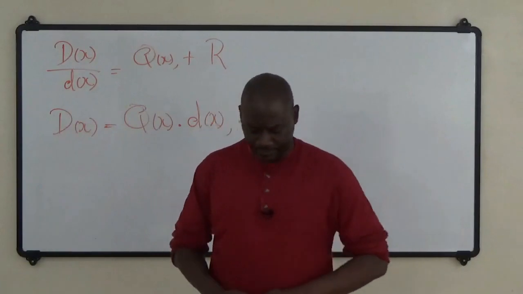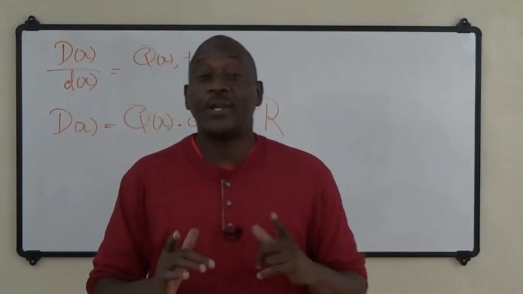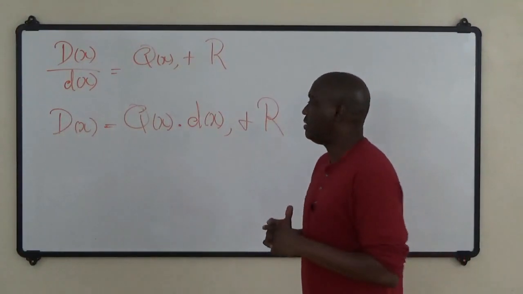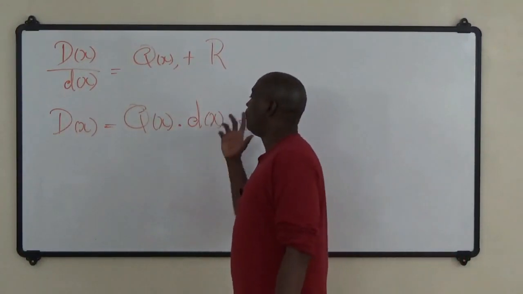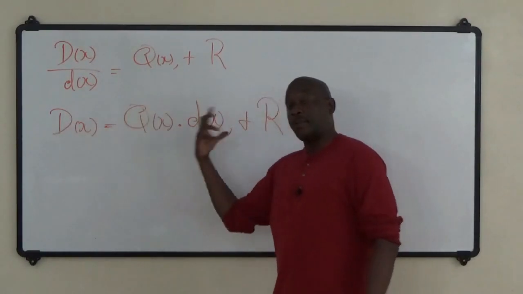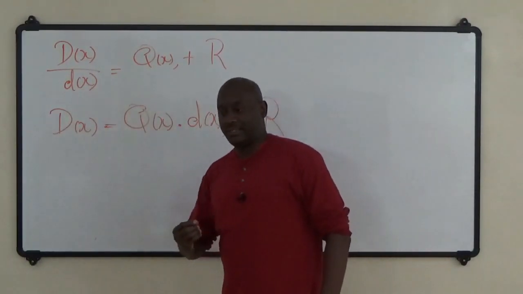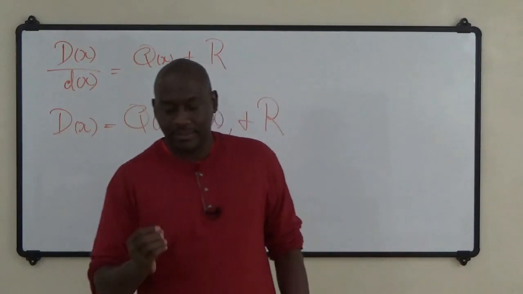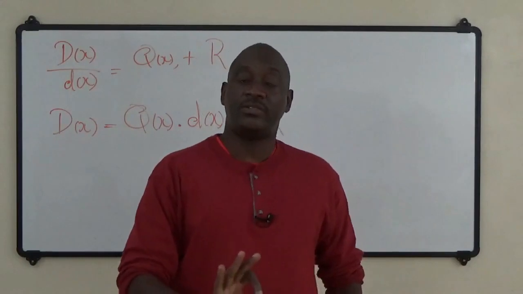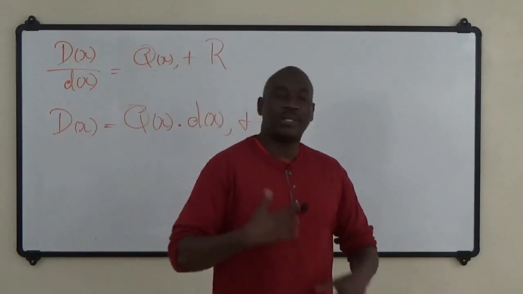So in other words, the value of x will have a profound effect on what happens between these three variables. The value of x determines directly the nature of the interaction between the three variables. It determines what happens.